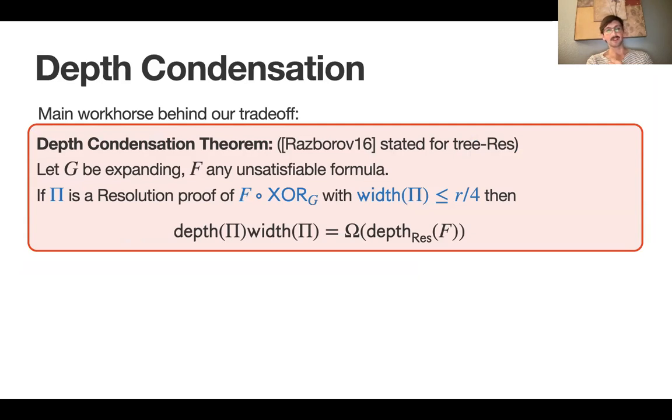So the depth condensation theorem says that if you take some expanding graph G, some unsatisfiable formula F, then if pi is a resolution proof of the composed function with sufficiently bounded width, R is a parameter in the expansion, but just think of the width as being somewhat bounded, then the depth times the width is at least the depth of the uncomposed function. Okay, and so one of the big contributions of our paper is we give a significantly simplified proof of this theorem.